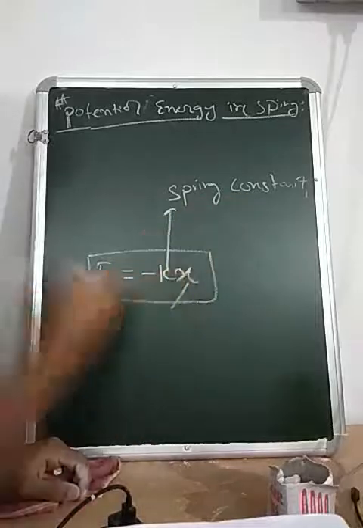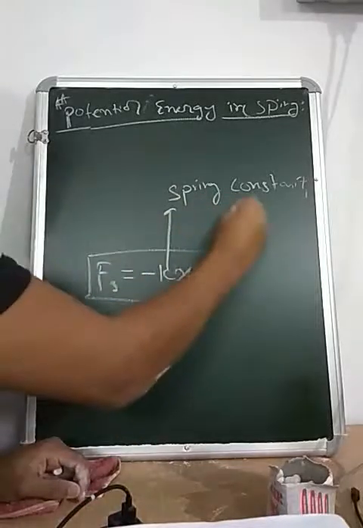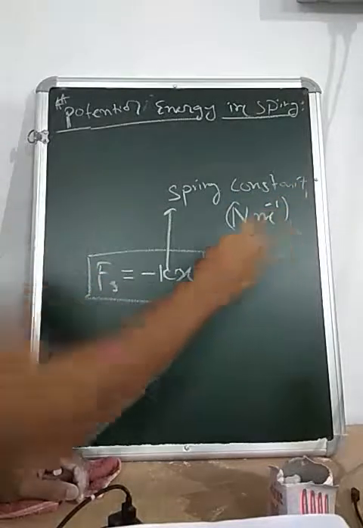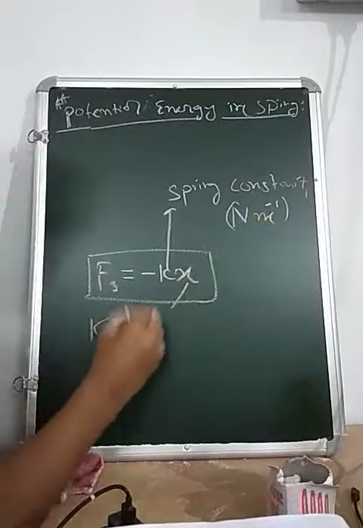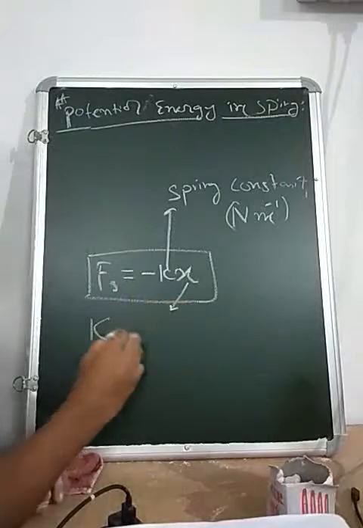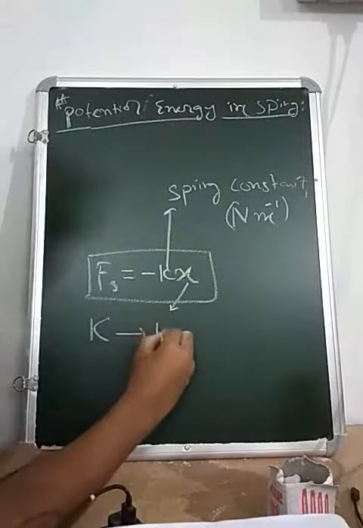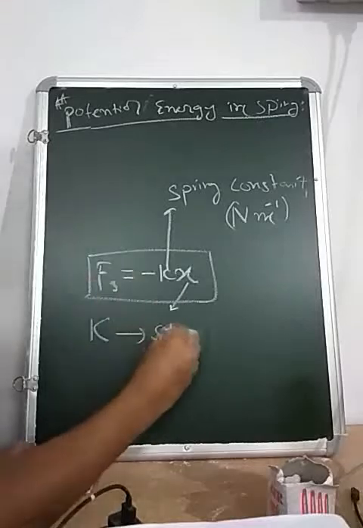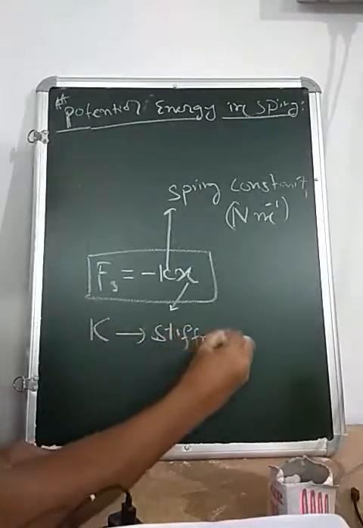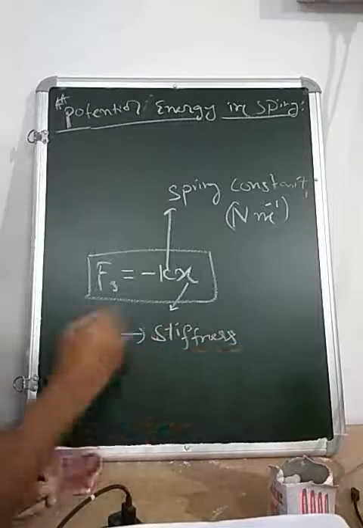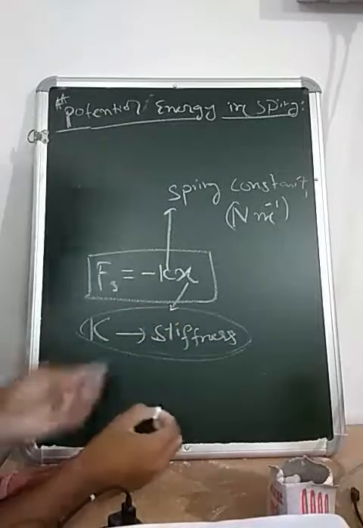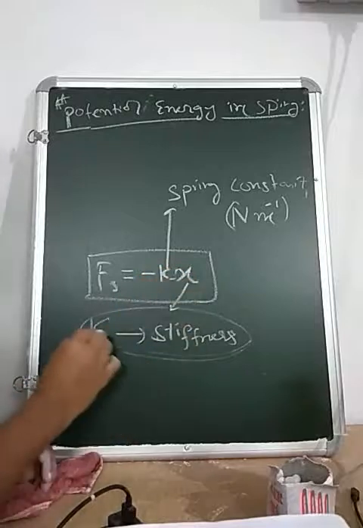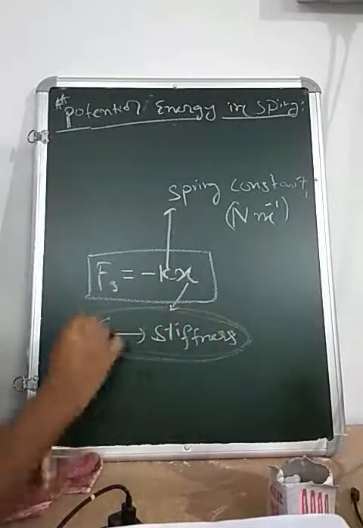So K is the spring constant. What is the unit of spring constant? Newton per meter. If K is high, it means the stiffness of the spring is very high. K is the measure of the stiffness of the spring. If the value of K is large, the stiffness of the spring is high.